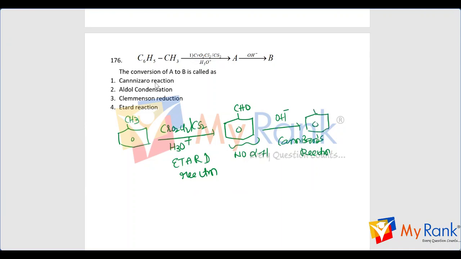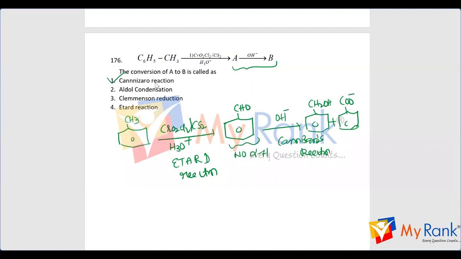The product is C6H5CH2OH plus C6H5COO minus. Disproportionation reaction takes place. One aldehyde undergoes oxidation, one aldehyde undergoes reduction. The A to B reaction is Cannizzaro's reaction. So the first reaction is Etard reaction, and A to B is Cannizzaro's reaction.